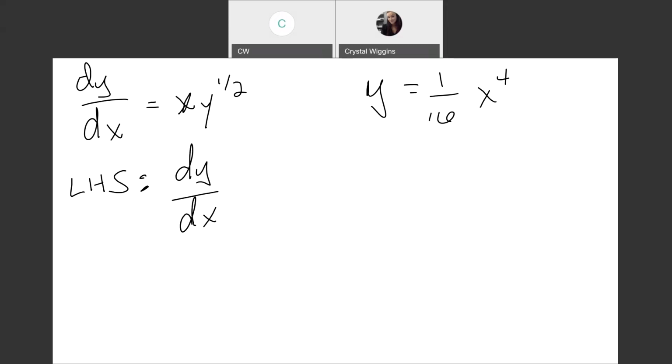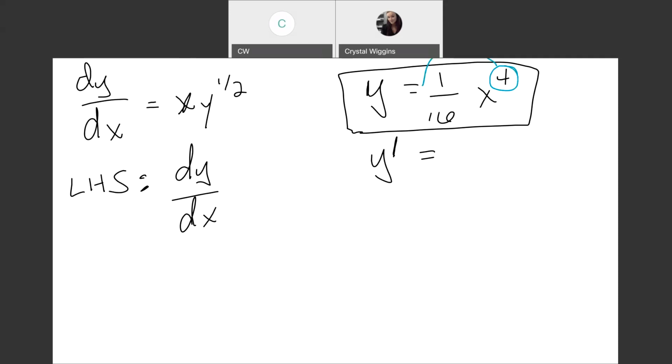So that means I need to take the derivative of y. Well, here's y. So let's find the derivative, y prime, or dy dx. Remember, you have to recall now, bring back those calculus days. You take the exponent, you're going to bring it down, multiply in front, come back up and subtract 1. That is the power rule.